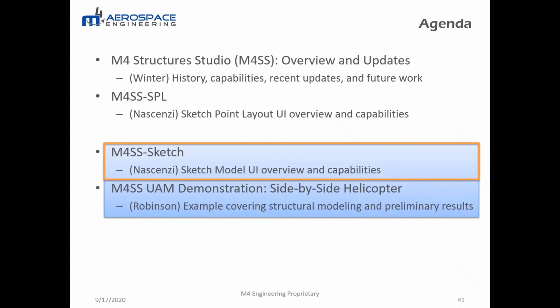And we have actually built in the M4SS sketch, you will be able to define those splines and the actual aerodynamic panel model itself within our tool in kind of an abstracted way but similar to Nastran, because at the end of the day, that's obviously what's being created is the Nastran representation of that.